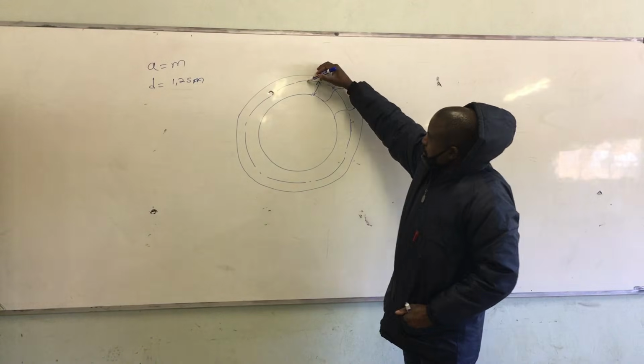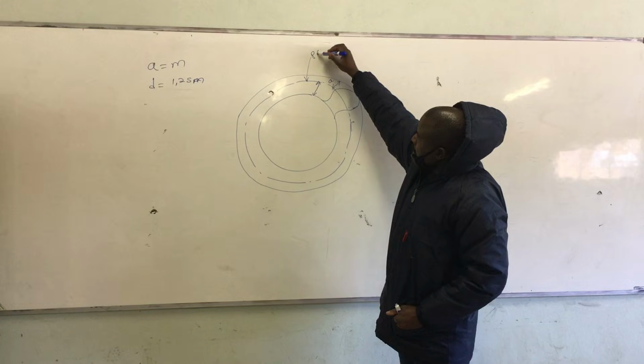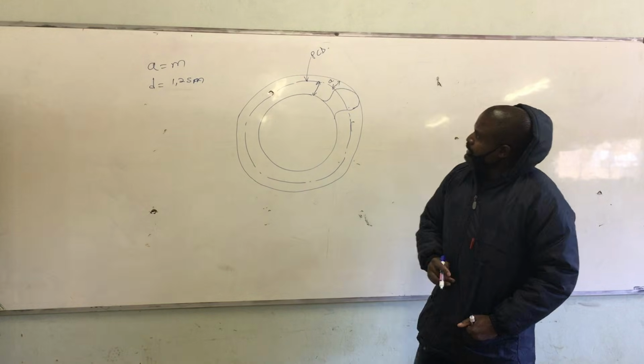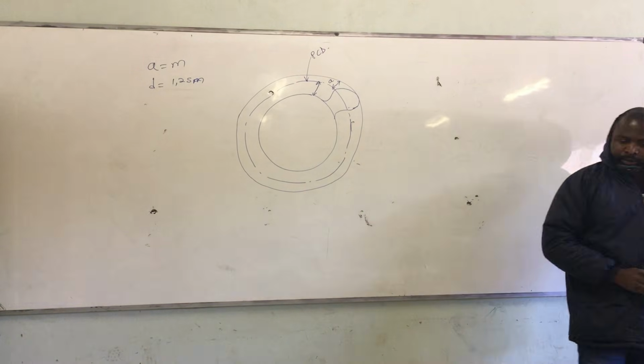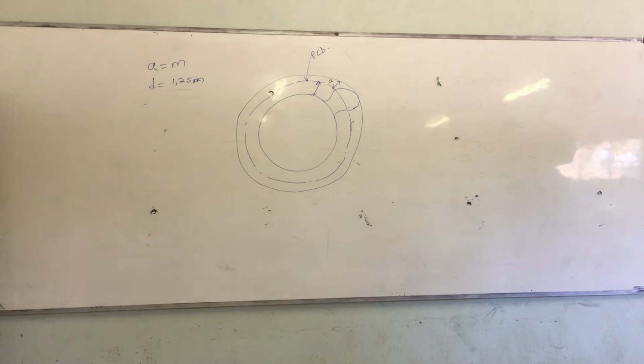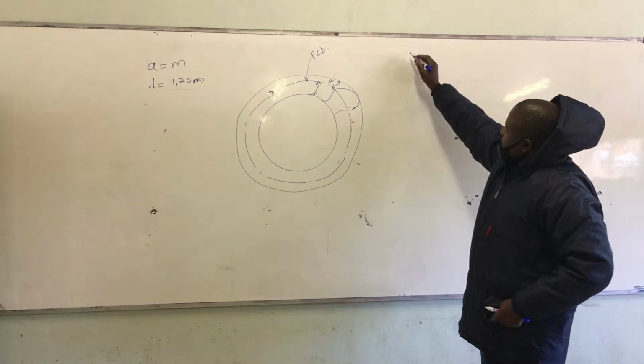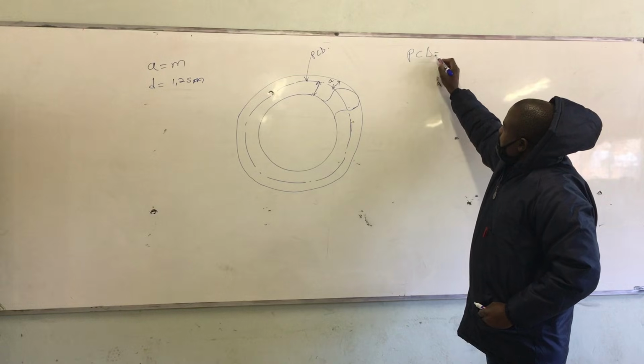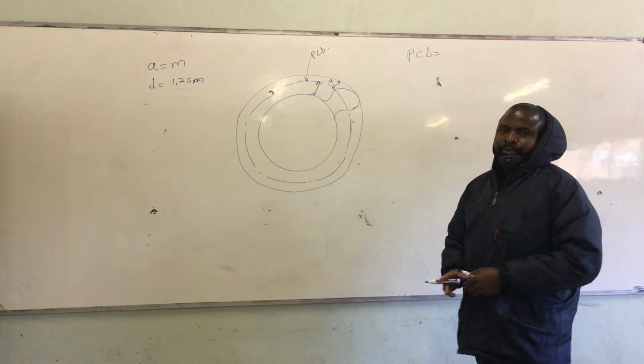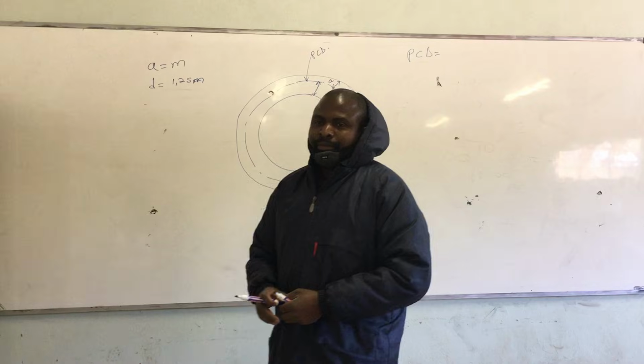So this line is your PCD, pitch circle diameter. And your PCD is equal to what? Module and teeth.